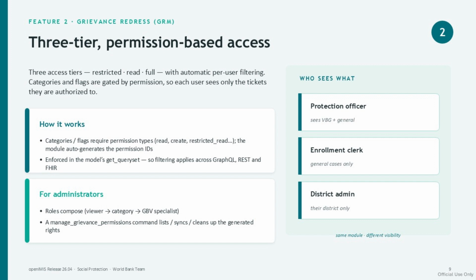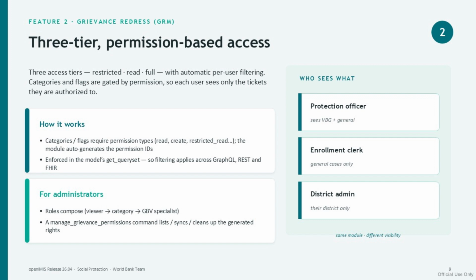You can now restrict access to the categories and flags with permissions and access tiers, including the ability to restrict read or give full read, configured at the category level, the flag level, or the parent and child level.